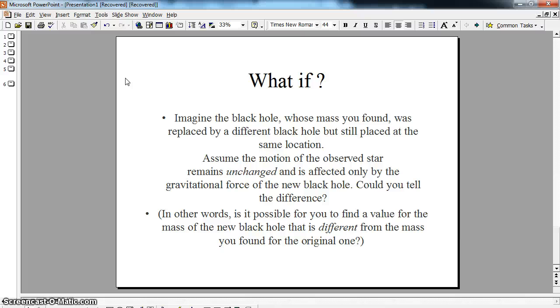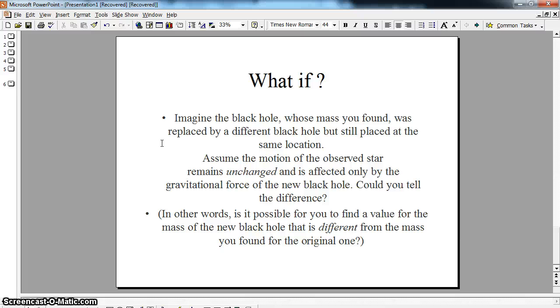And the answer is no, since in Python, or you could have done this on pen and paper as well, delta P over delta T, or just mass times acceleration, we see that we need to know the acceleration. And that acceleration cannot be seen to differ if the motion remains unchanged.